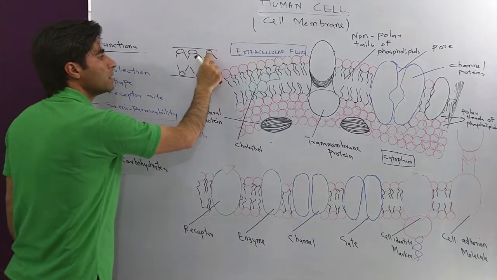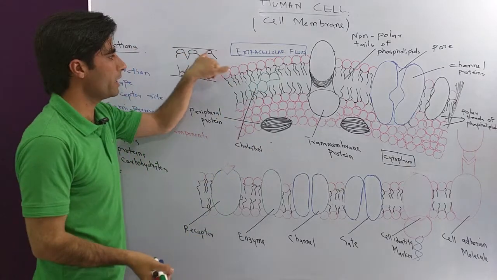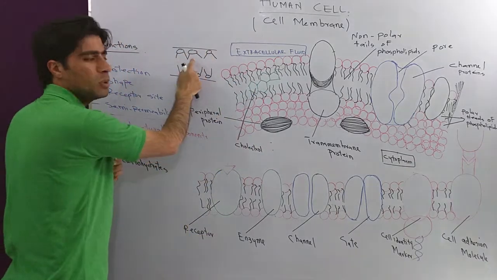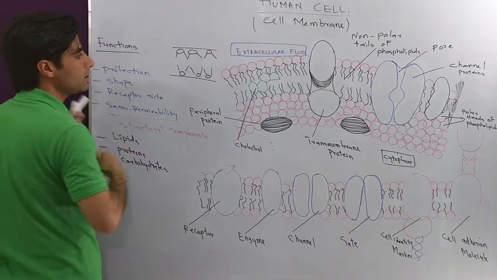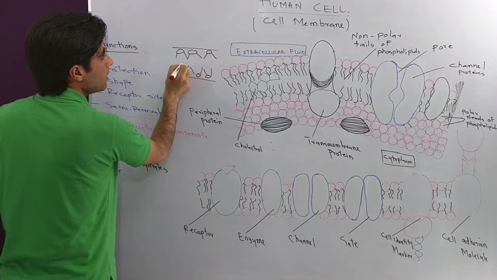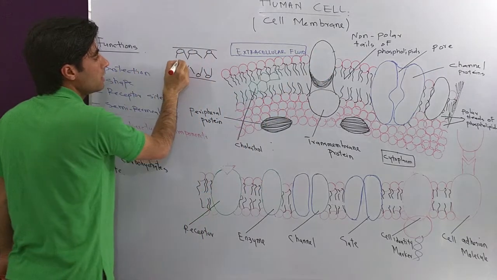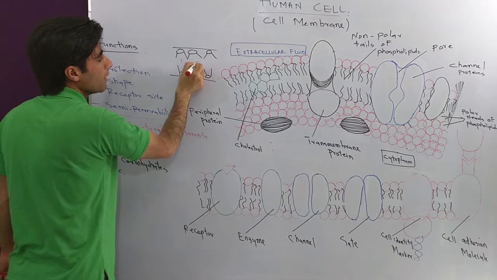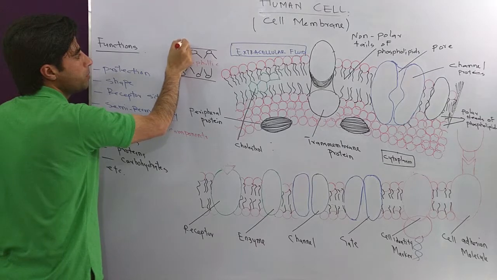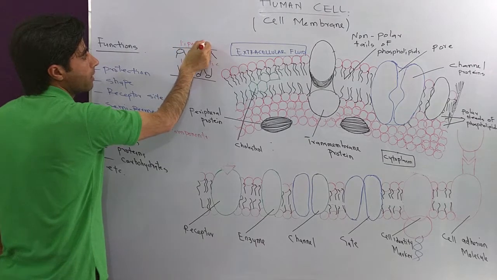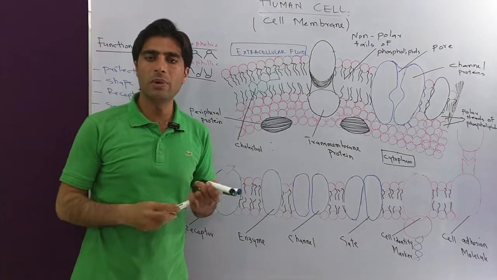Now the outer portion of this plasma membrane is polar, these are polar heads, and the inner side is non-polar, or lipid soluble. In other words, the inner side of this plasma membrane is non-polar, so we can call it lipophilic, lipid loving, and over here there is lipophobic, lipid repelling or lipid hating.